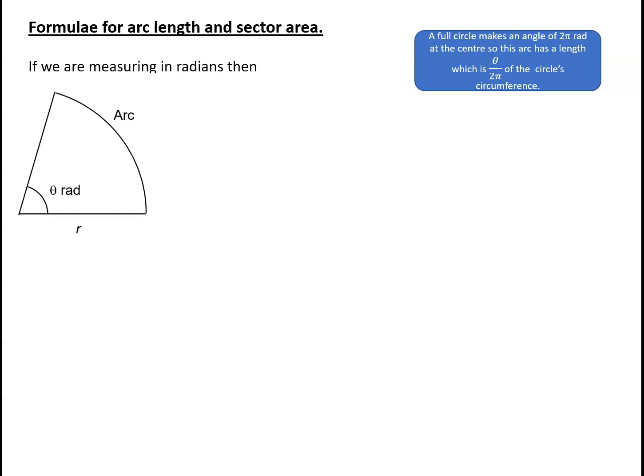So the arc length that we've got is going to be the fraction of the circle times the circumference of the circle. So we can say that the arc length is theta divided by 2 pi times 2 pi r, which simplifies dramatically to give me that the arc length is r times theta, provided we are measuring the angle theta in radians.